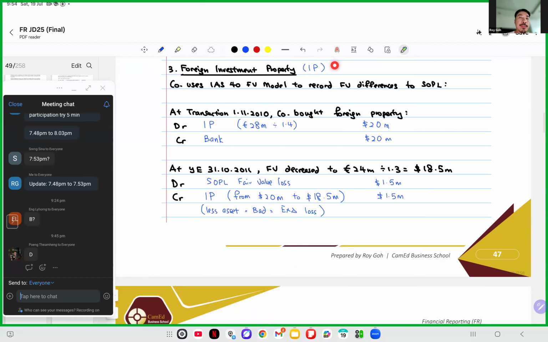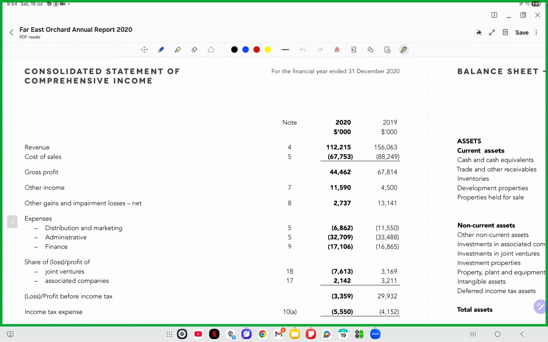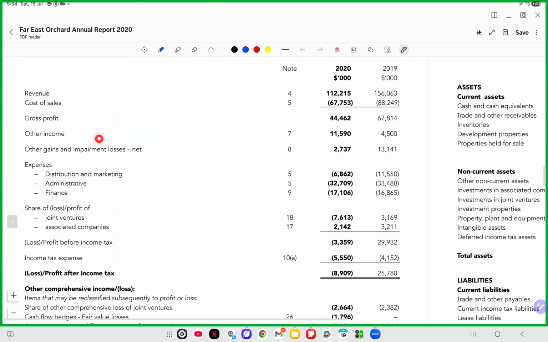When I buy investment property, I increase asset, reduce bank. At the year end, my asset drops. Charge it to the fair value gain and loss. This is your IAS 40. Other gains, other losses all come here. Not sales, not other income.